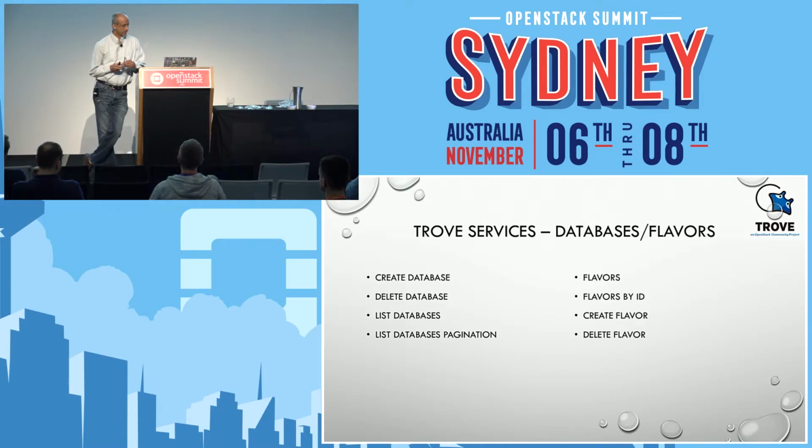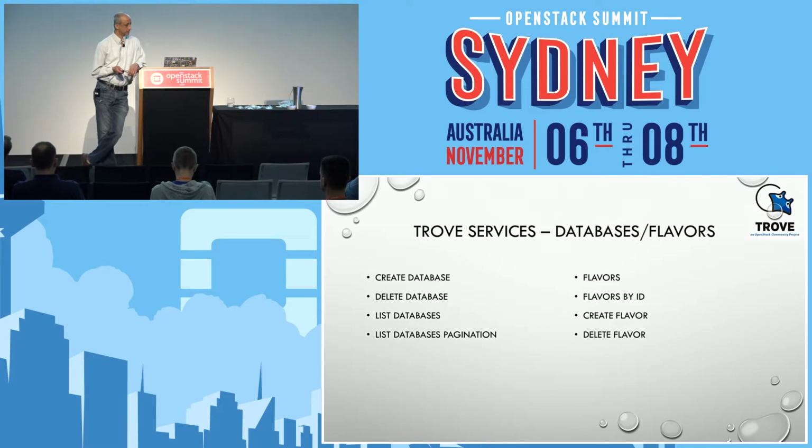The other services, so you can create multiple databases in that single instance that you deploy. There's a whole bunch of flavor-related management as well, because Trove has its own separate database outside of Nova.